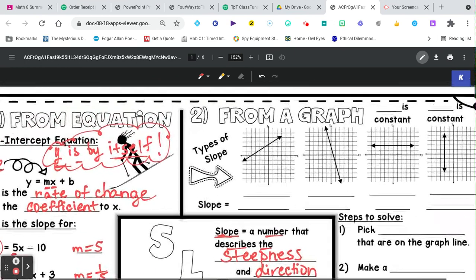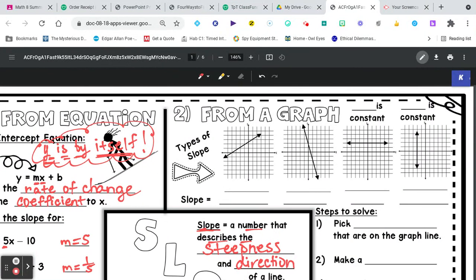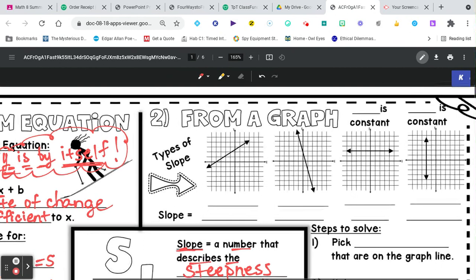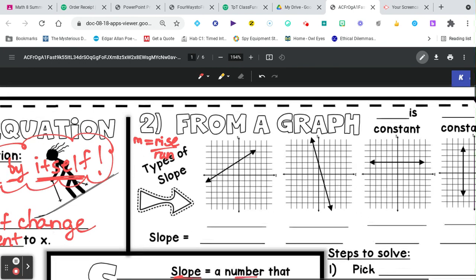And so that's number 1. On number 2, and again, guys, to find the slope from an equation, make sure y is by itself. But to find the slope from a graph, all you need to do is calculate rise over run. So you're going to use this formula, rise over run, to find the slope from a graph.